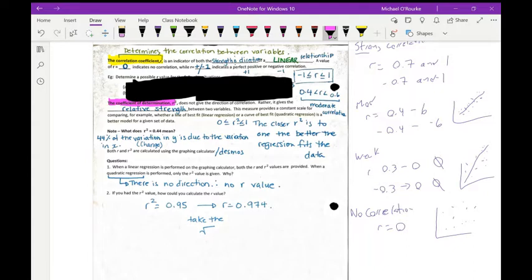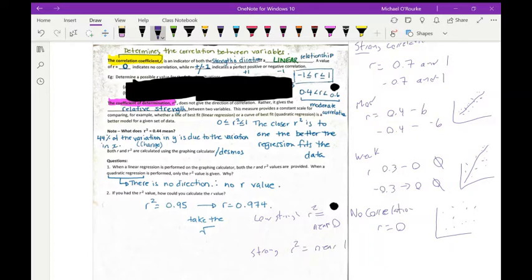The R squared value goes between 0 and 1. Okay. So low strength, the R squared value is going to be near 0. Okay. Strong, R squared is going to be near 1. Okay.